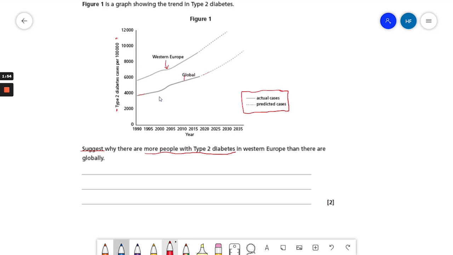And I'm going to write people in Western Europe have a more unhealthy diet than average.